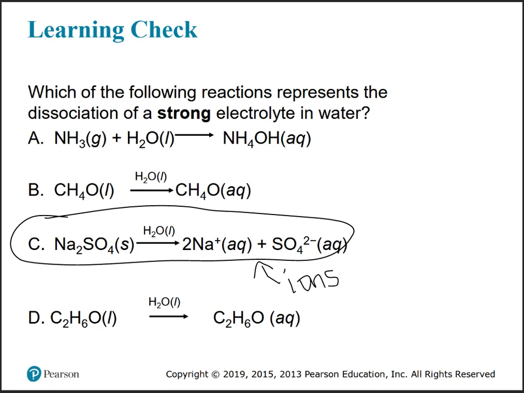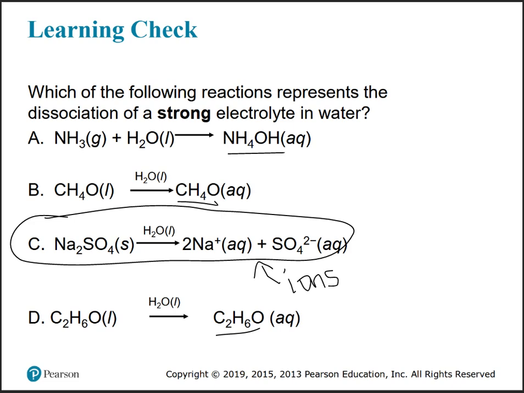Definitely D. It's actually A, B, and D. So all of them are non-electrolyte, because you're not forming any kinds of ions, and you're not even partially dissociating. But yes, it's good that you can at least recognize one of them. So that's a little practice on recognizing electrolytes and classifying them.